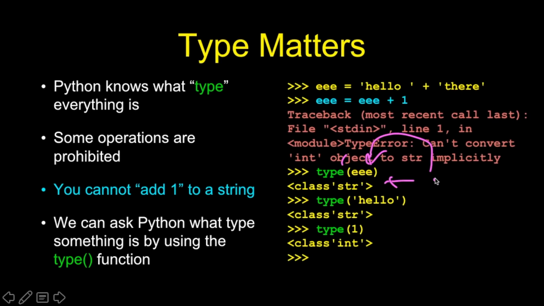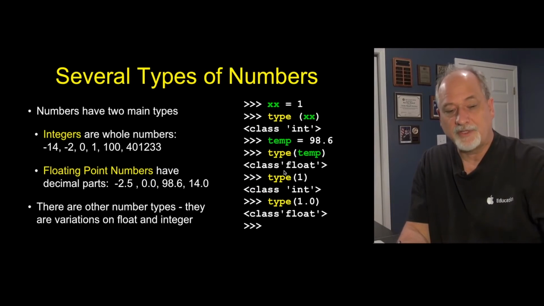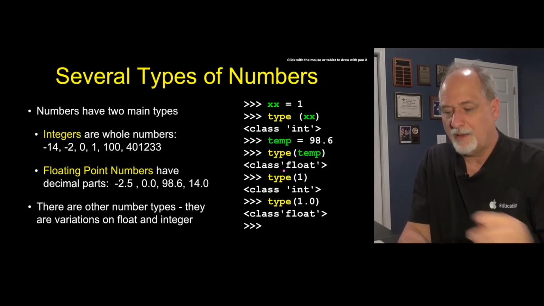And then we can pass in a constant and say, hey, what about hello? The string hello, it's like, oh, that's a string too. What about a 1? Well, that's an integer. And so we are asking Python through the type function what the type of either a variable or a constant is.